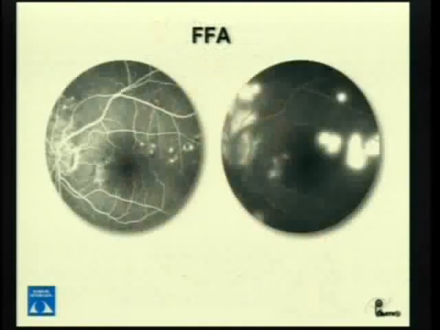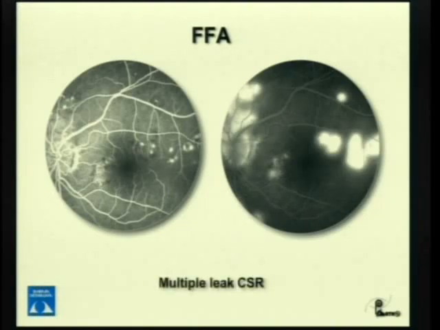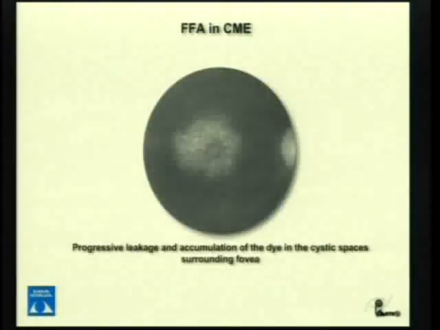See, we did one angiography and it showed us this small leakage which was increasing in intensity and size in the later frames. So it was a case of multiple leak CSR. So one should be very careful before starting any treatment, because the management of these two conditions is paradoxical. So it's very important to do a fundus fluorescein angiography.